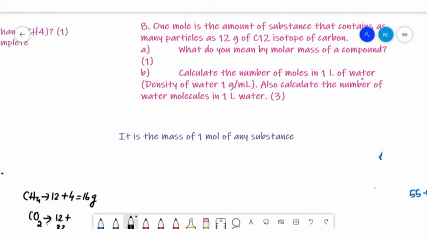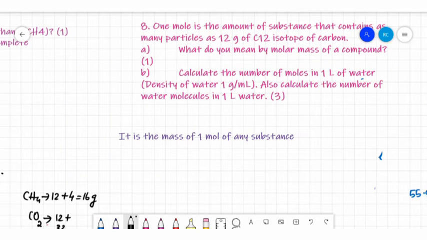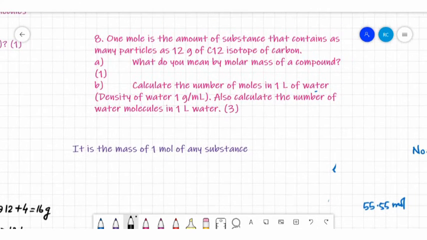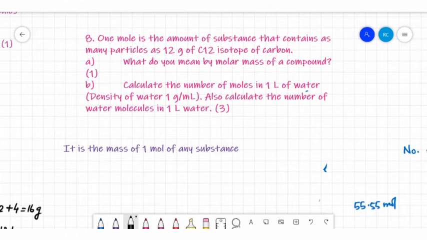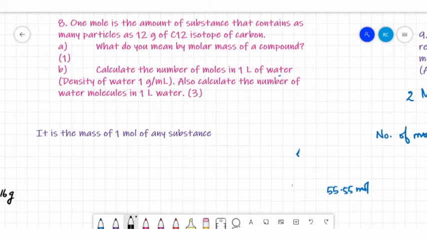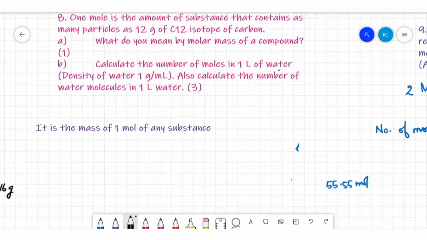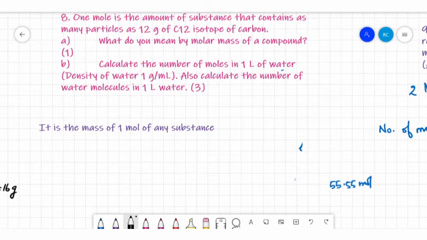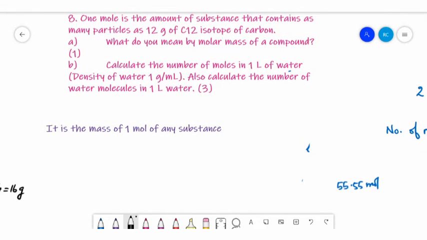It's regarding again mole concentrations, mole calculations. 1 mole is the amount of substance that contains as many particles as 12 gram of carbon 12 isotope. Okay, so what do you mean by molar mass of a compound? So the first question I have already answered here. Molar mass of a compound means what?